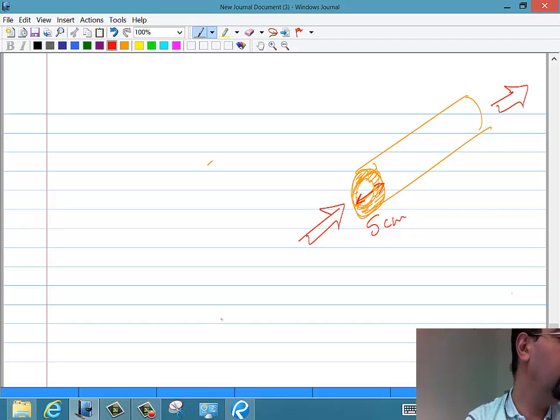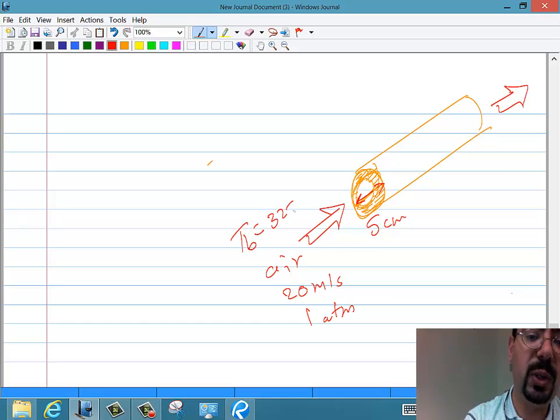There's a fluid going in, and that is air, and the air is moving at 20 meters per second and 1 atmosphere. Its bulk temperature is 325 degrees C.